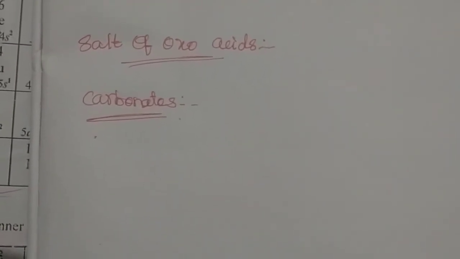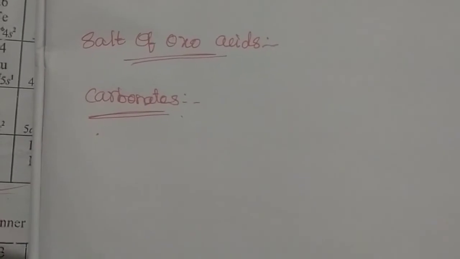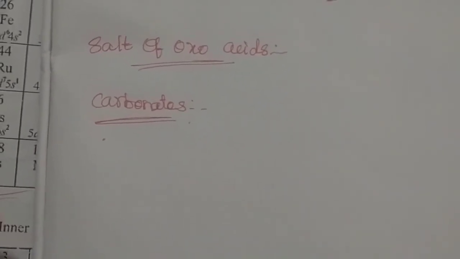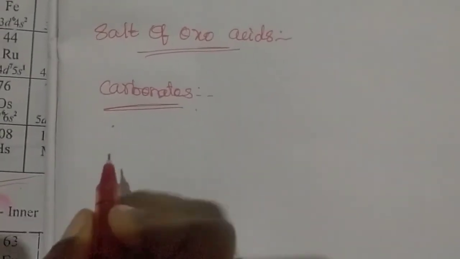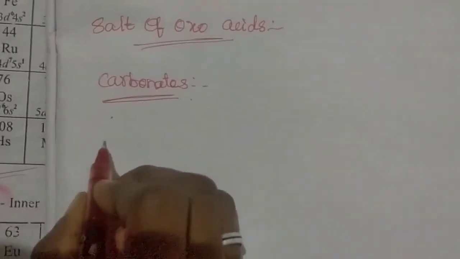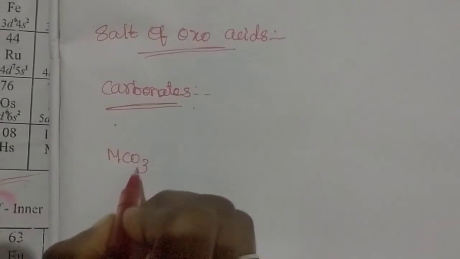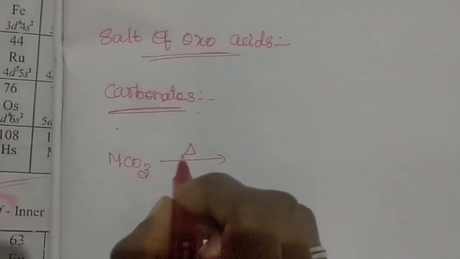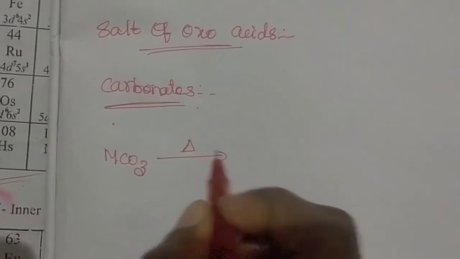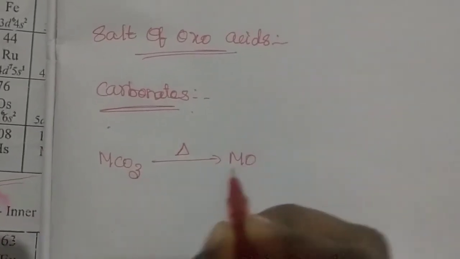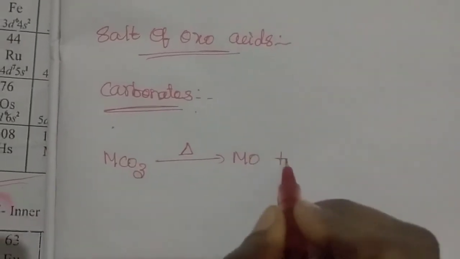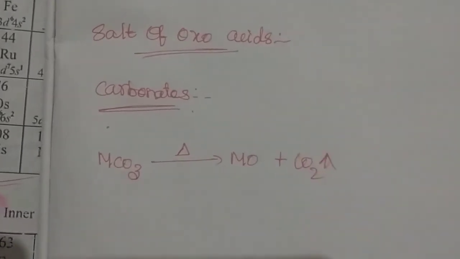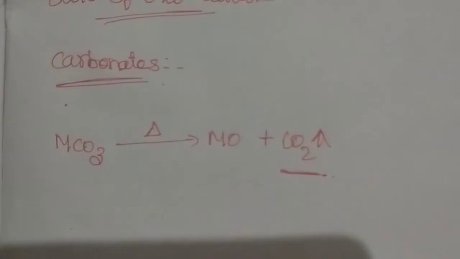They produce carbon dioxide as a byproduct, and the metal oxide as the major product. The metal carbonate is an oxo salt that undergoes decomposition by heating, forming metal oxide and releasing CO2 gas as a byproduct.